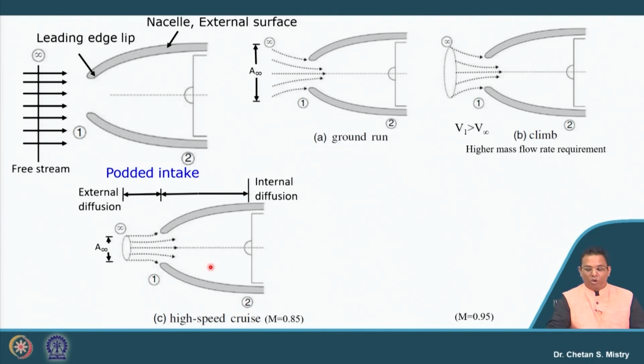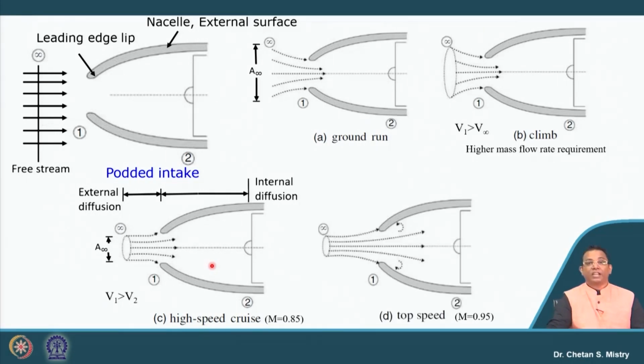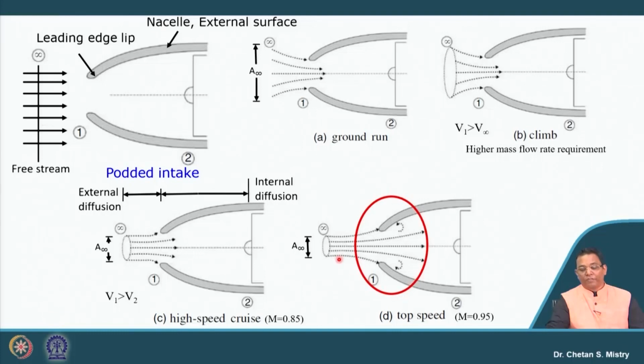Now, the next condition is my top speed condition, where my Mach number is in the range of maybe 0.95. What will happen? Since I am increasing my speed, the area from where air enters my passage will be reducing. Here also we have a diffusing passage, but we must realize the aerodynamics of the diffuser.